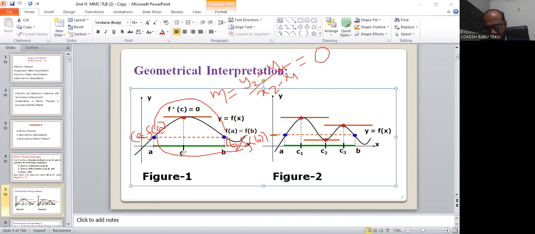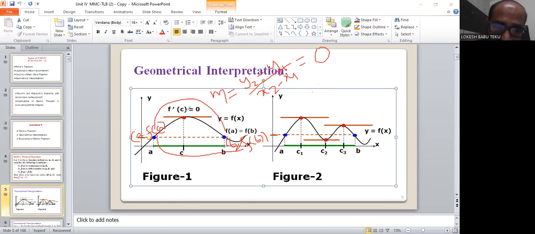You note down here. I am dictating, you please write down. It means slope of the tangent: f dash is the slope of the tangent. The slope of the tangent of a line at the point C is obviously nothing but the derivative of the function at the same point.